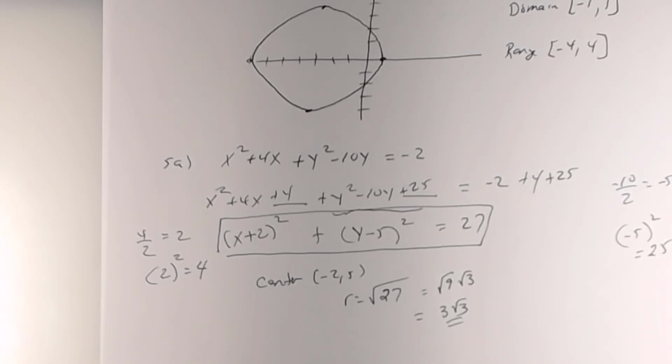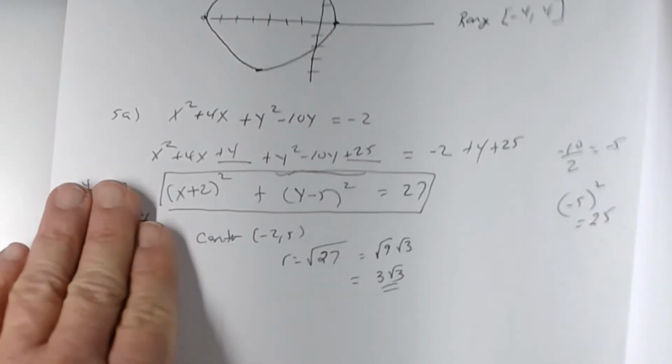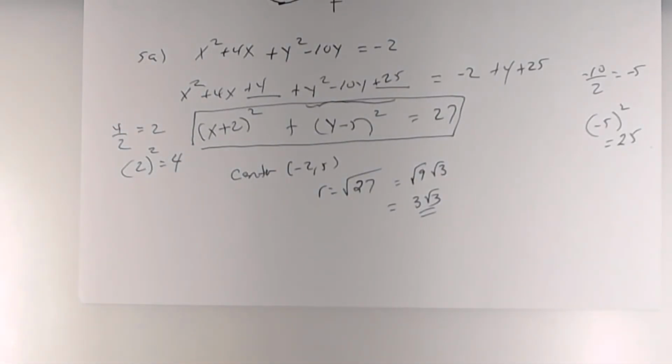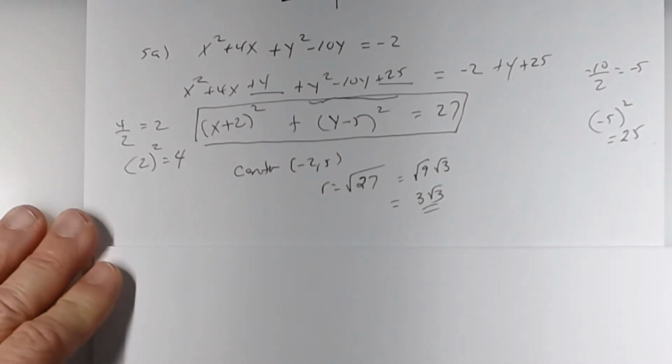The second time's going to be the easier one because you already reviewed this one. It's the same thing we've been doing, so it's not that difficult. It just requires that you remember how to complete the square in quadratic equations.